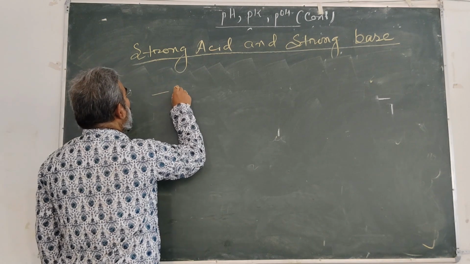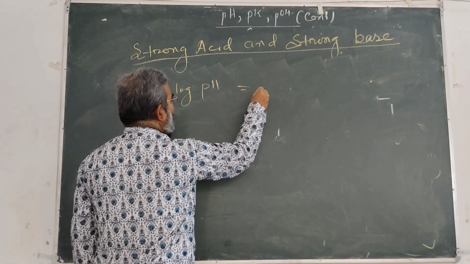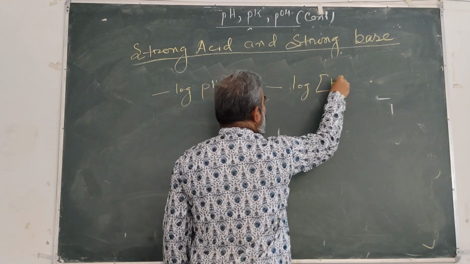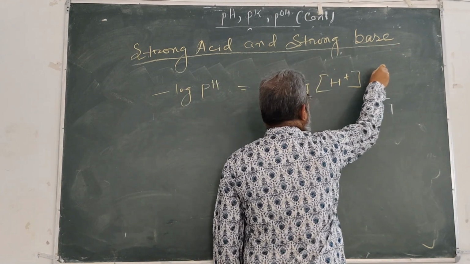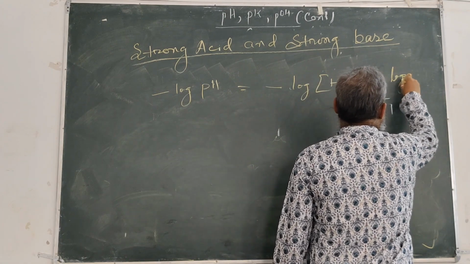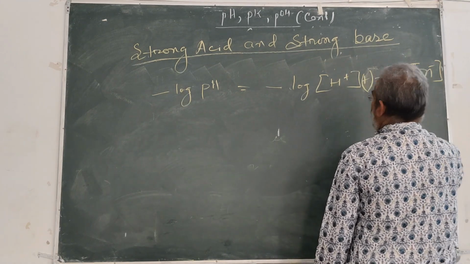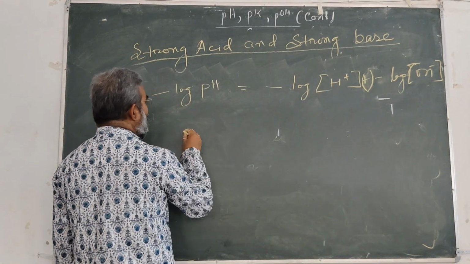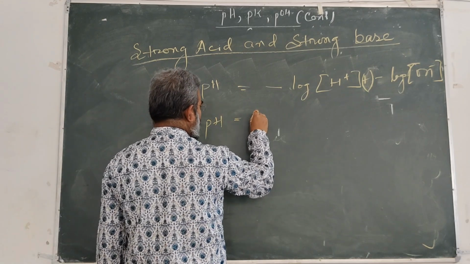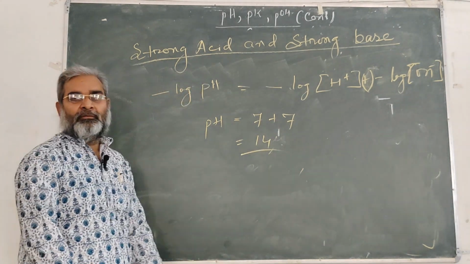Now minus log H plus and minus log OH minus, that is pH plus pOH equals 7... Clear?